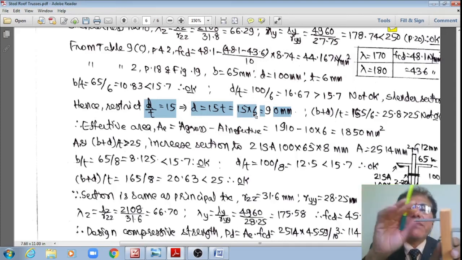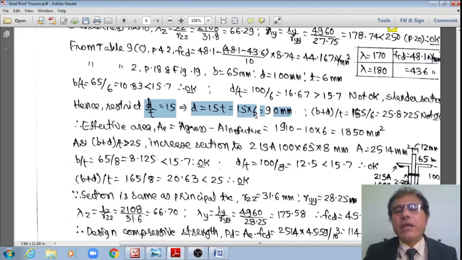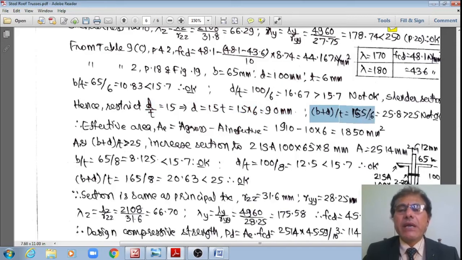Only 90 mm is effective, right? That is what, restricted to 90 mm. And also check the other check, whether it is okay in B plus D divided by T. B is 100 and D is 100 plus 65, 165, divided by 6. This is 25.8, which is greater than 25. Even here also it is not okay.